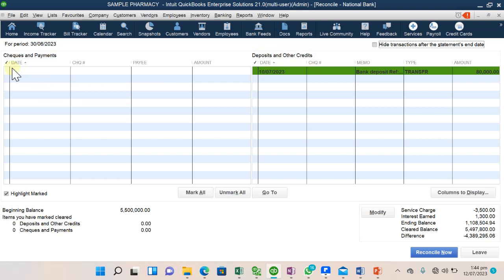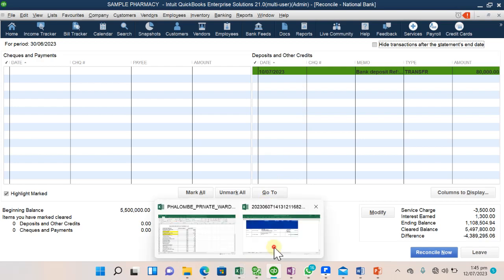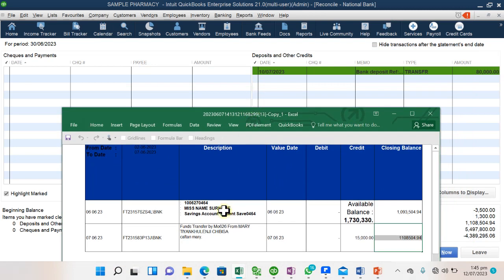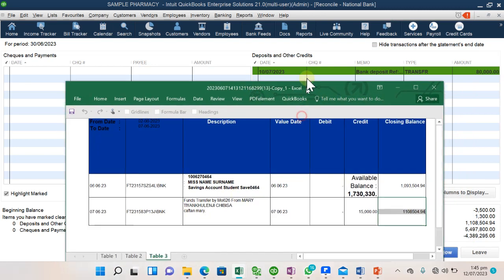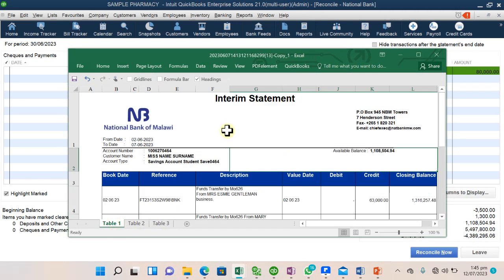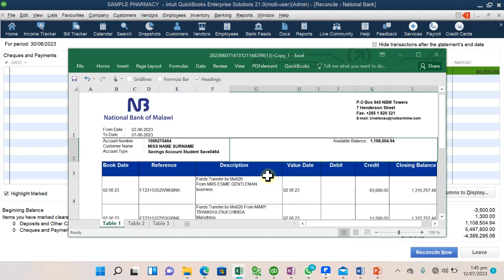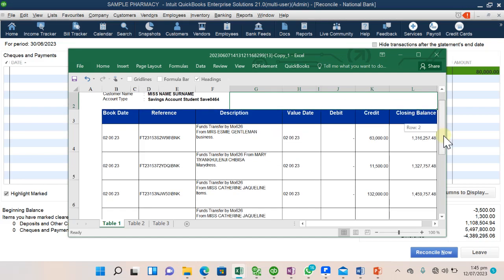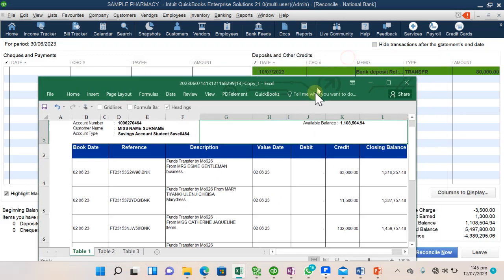Now, here there will be a list of dates and their transactions, a list of transactions. Now this is where the account statement comes into place. Let me view it properly here so that we may be able to see. Yep.